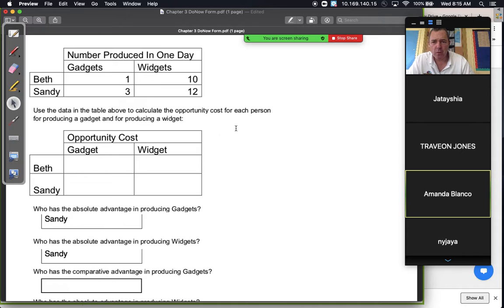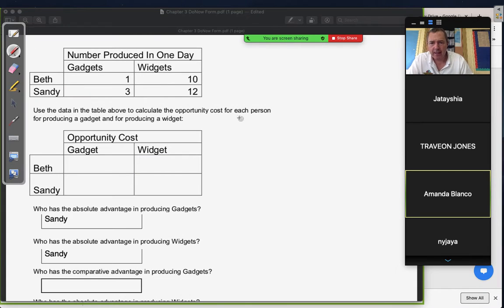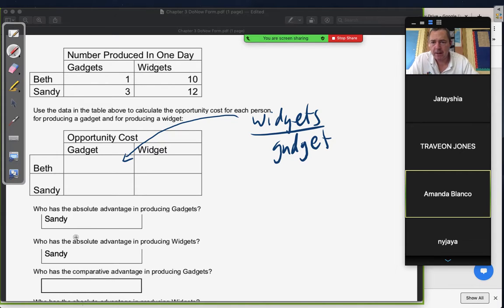So what I'm looking for in this box here is widgets per gadget. That's going to help you determine which order to put these in. I want to know her cost in terms of widgets, so I want widgets on top. So I'm going to look up here. It's a 10-to-1 ratio, which is going to be 10.